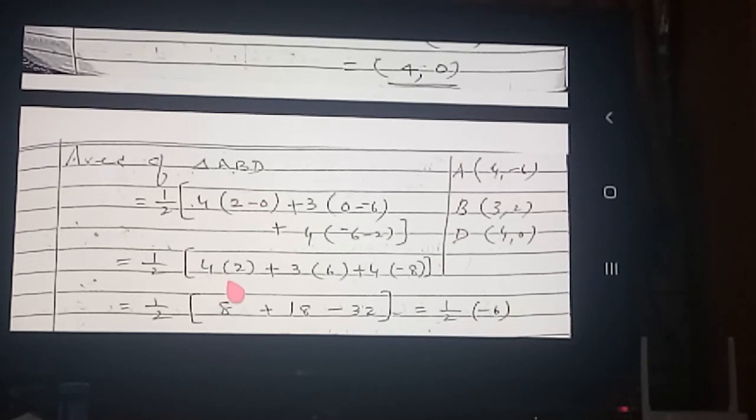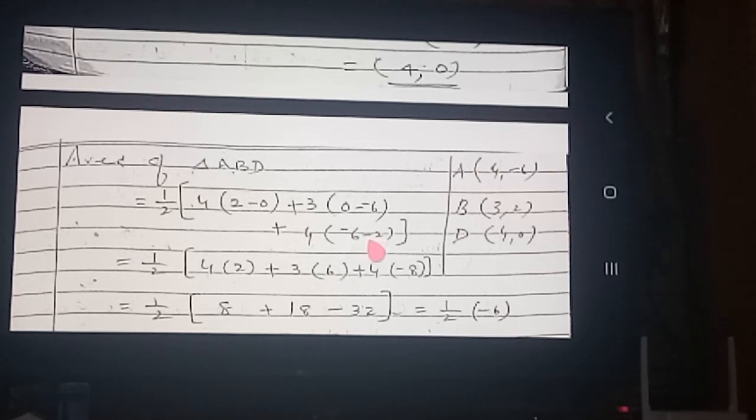That is 4 into 2, 3 into 0 minus 6 means it will become plus 6, that means 3 into 6 will come, that is 18. And now 4 into minus 6 minus 2.